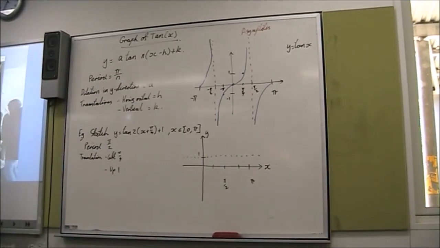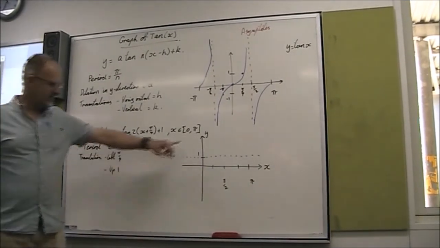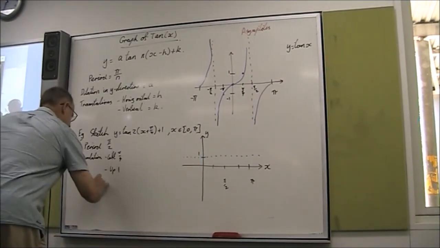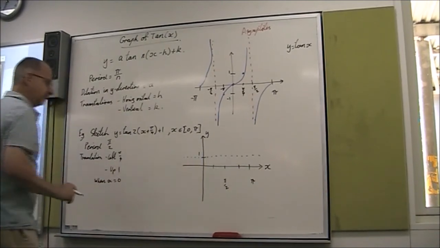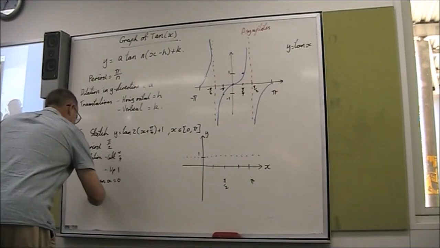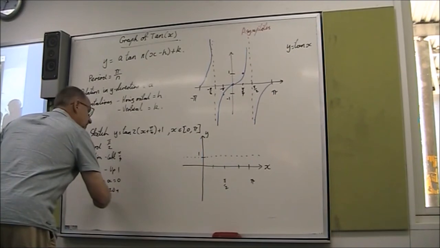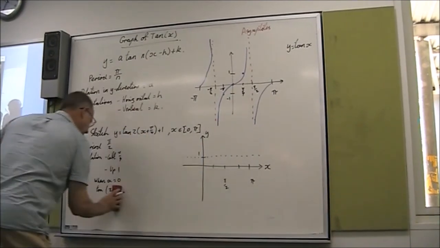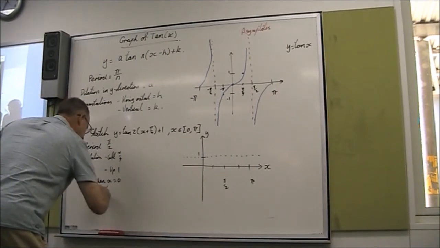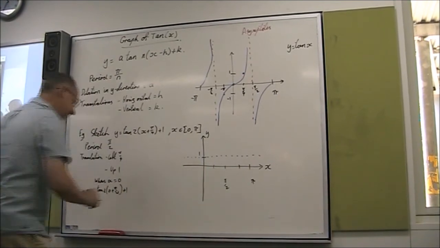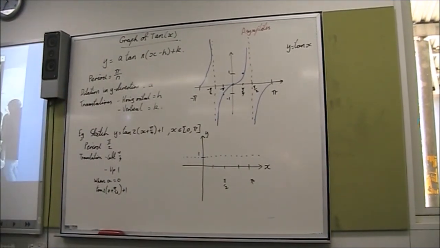Dotted horizontal line. So it might be handy with this one to know what's going on on the y-axis, because you can get confused. So just to help us, when x is equal to 0, we would have tan of 2 lots of 0 plus pi on 4, plus the 1. 0 plus pi on 4 is pi on 4.